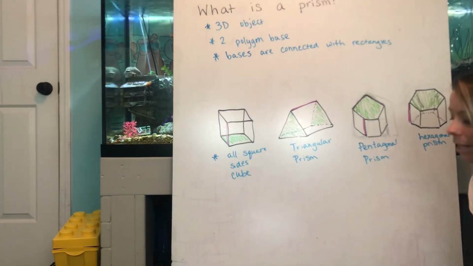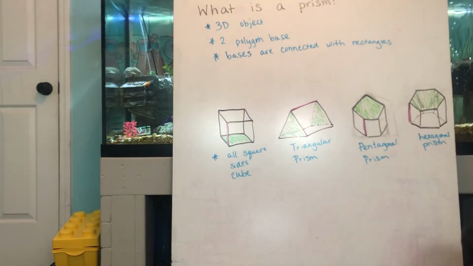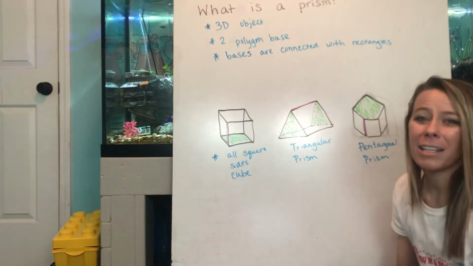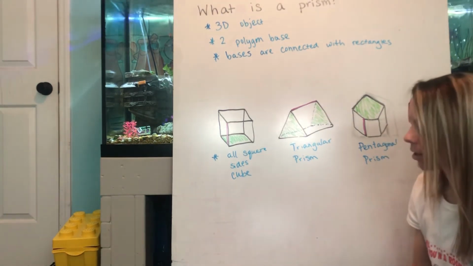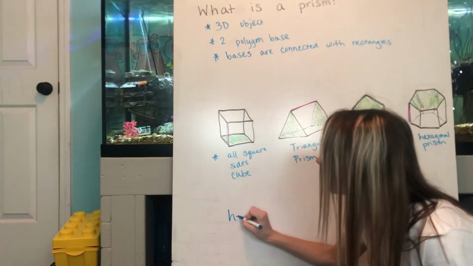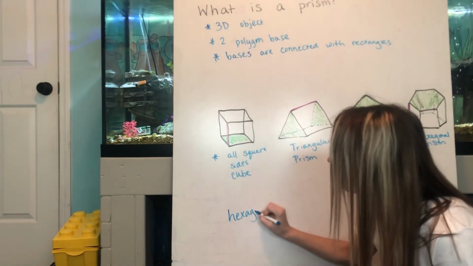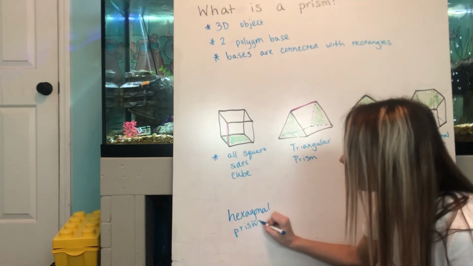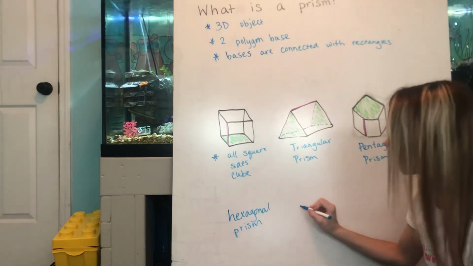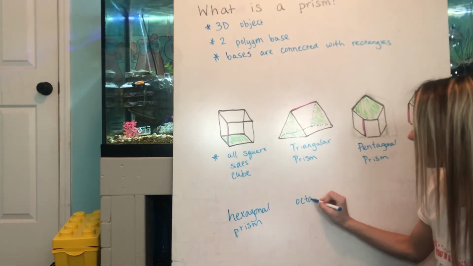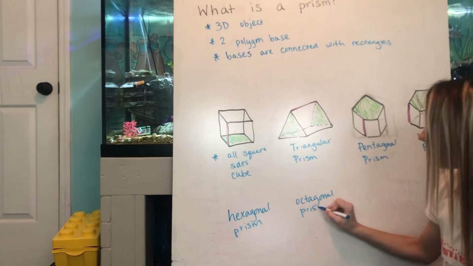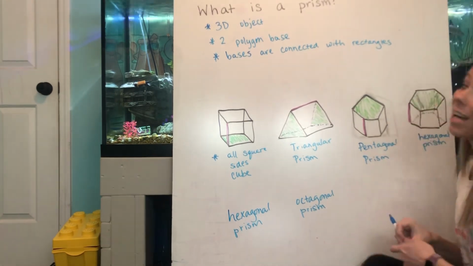On your notes, the other ones, I am not drawing them, but just so you know, the next one, because it has 7 sides as its base, is called a heptagonal prism. The next one is an octagonal prism. The next one has an interesting name.